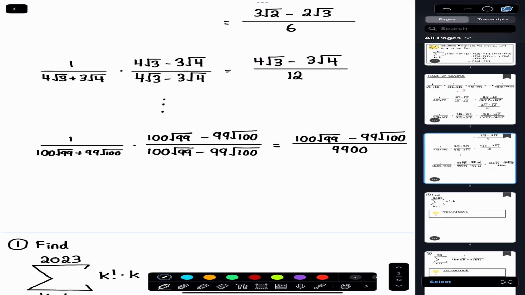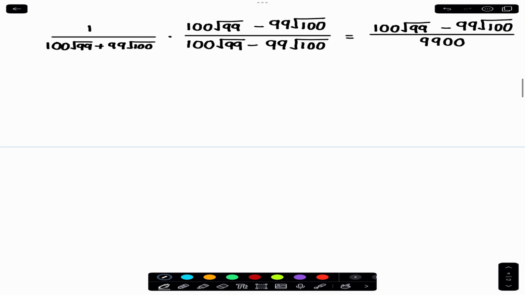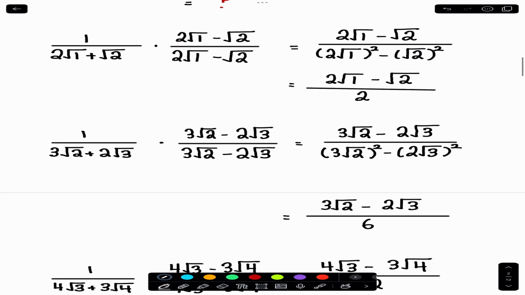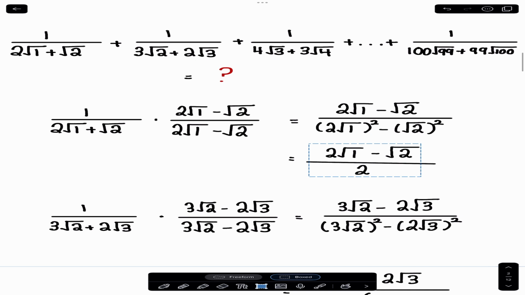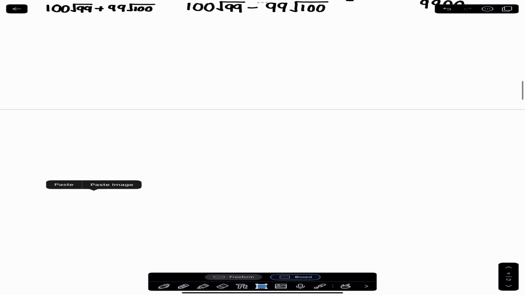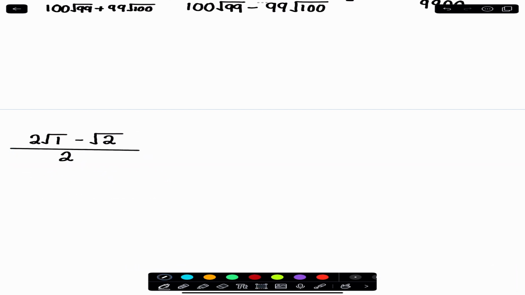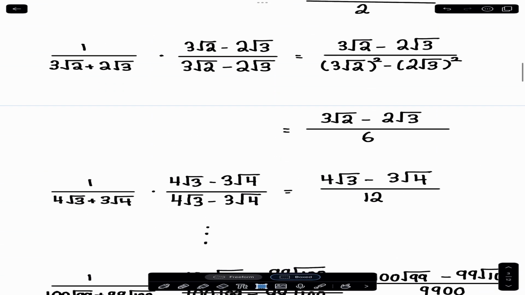I'm going to add another page. So basically, what we're summing up now is from our original expression, we got something like this. So I'm going to take all our rationalized terms and we're going to see what we can do with them. Oh my gosh, that's crooked. Okay.